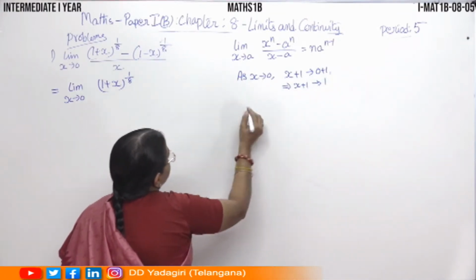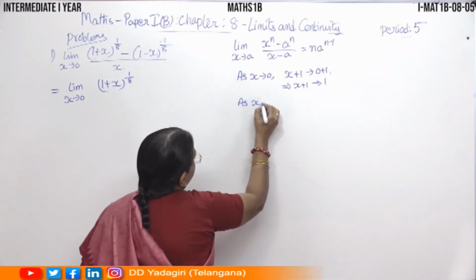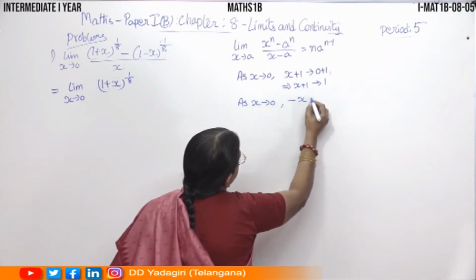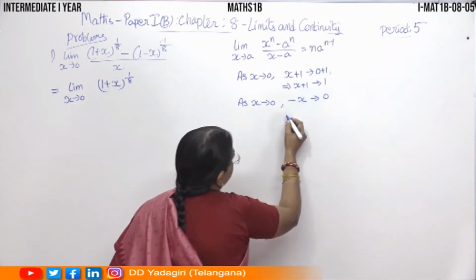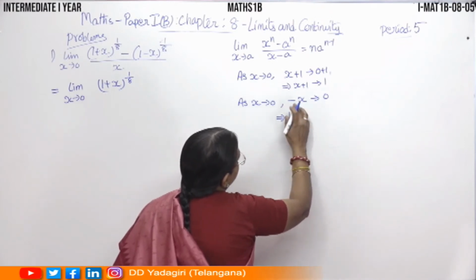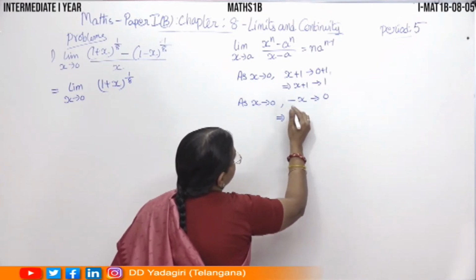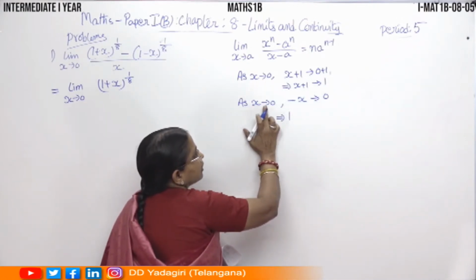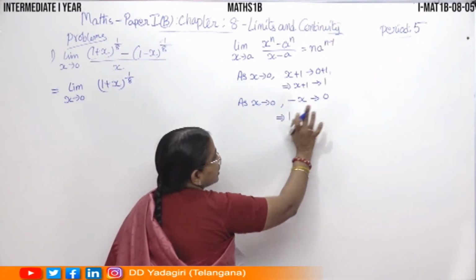Now we have 1 minus x. So we'll see how we can change that. As x tends to 0, minus x tends to minus 0, that is 0 only. Multiplying by minus 1, minus 1 into x tends to minus 1 into 0, that is 0.